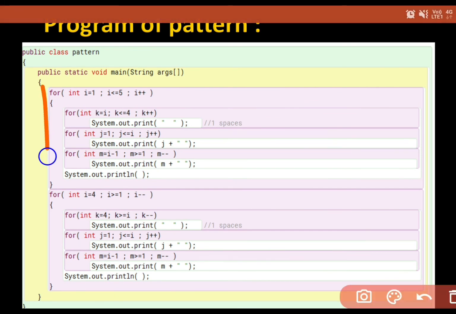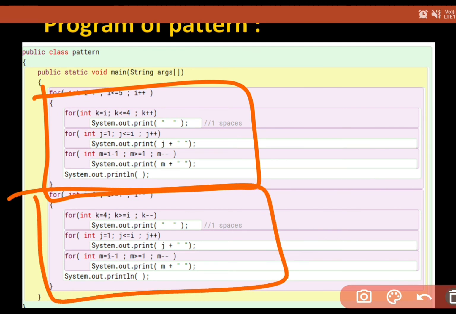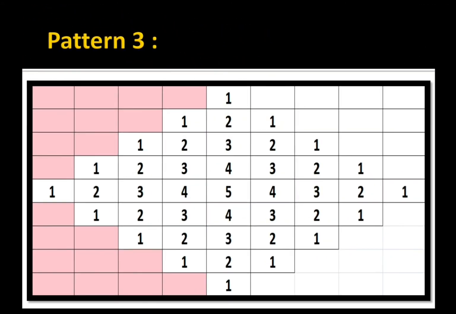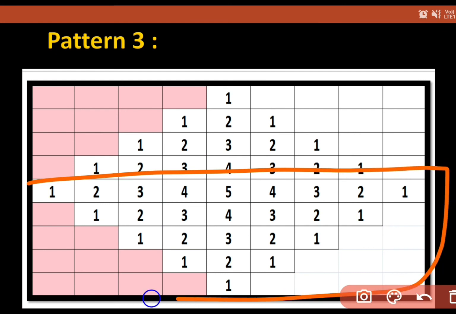Half part we are having here, half part we are having here, 1 to 5, then logic of spaces, then logic of numbers, then again logic of numbers. Whatever I told you previously, the same thing I had written here, but one thing is changed, that is previously we were having this pattern with us.